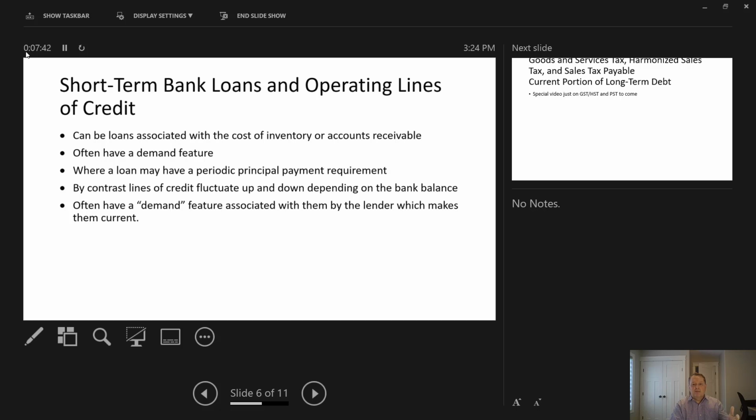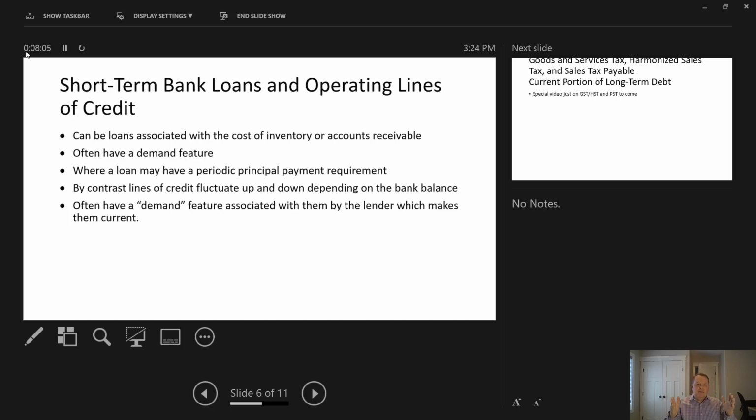We know it's going to come in really soon. Will you lend us $100,000 or $60,000 or $50,000 against these receivables so that we can use that money to maybe go buy more inventory, maybe pay some of our suppliers, whatever it is. But often that will also have a demand feature.